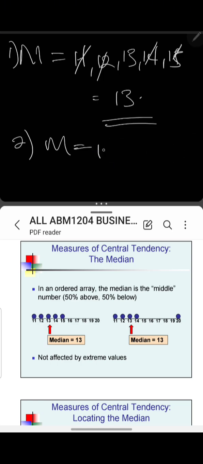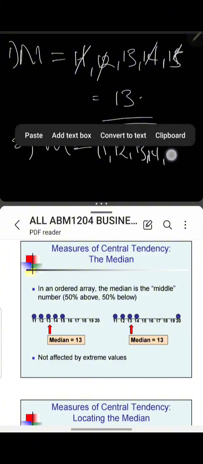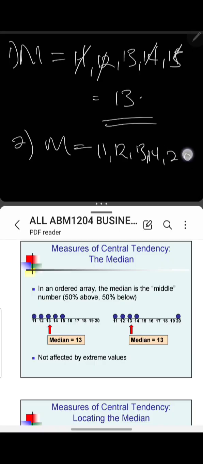Yeah, it is 11, and 20, not so. Then I have to look for the middle. It's still 13.